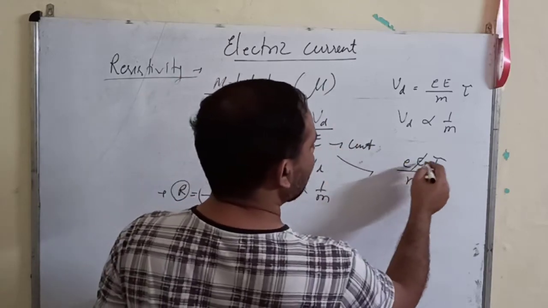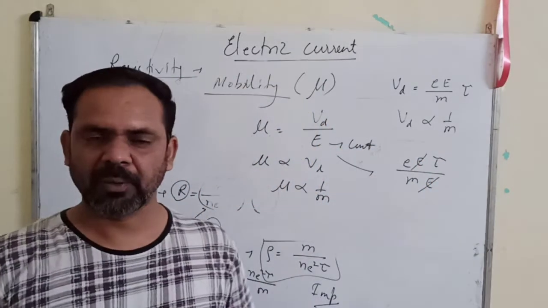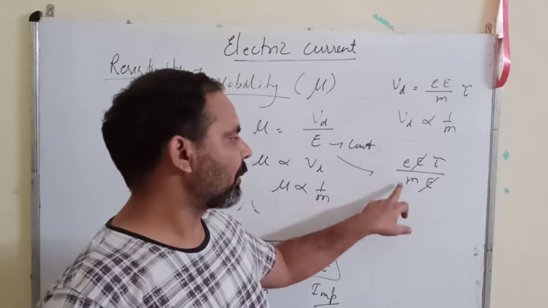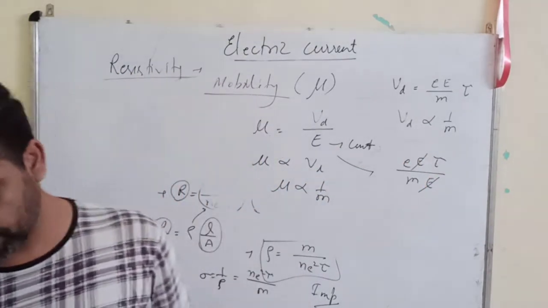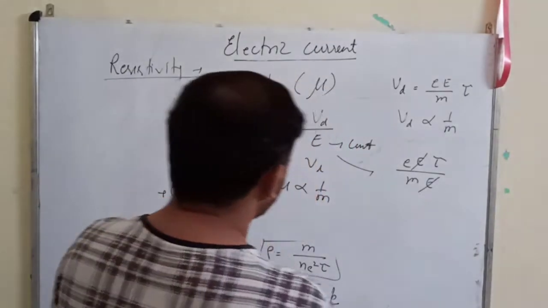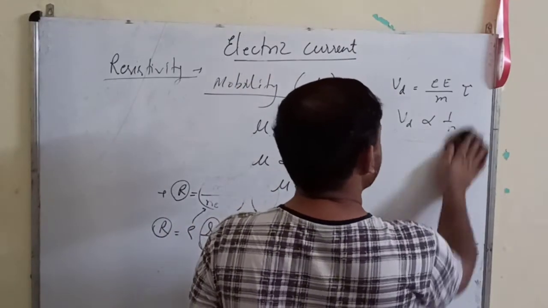So mu is equal to e tau upon m, where e is the charge of the electron and m is the mass of the electron. So mu depends on tau. Tau is the relaxation time period.